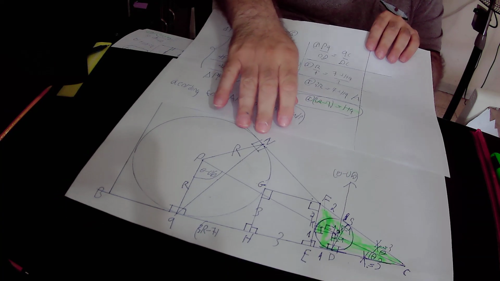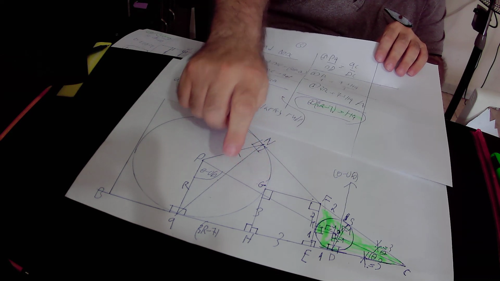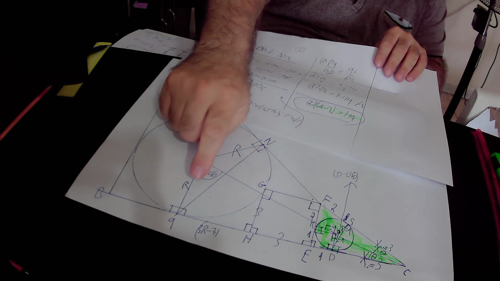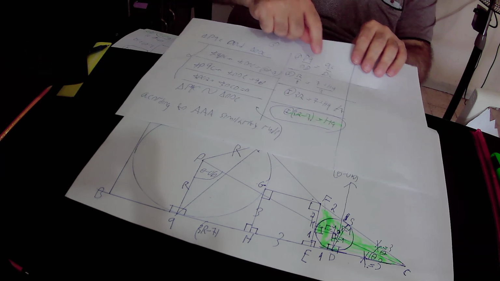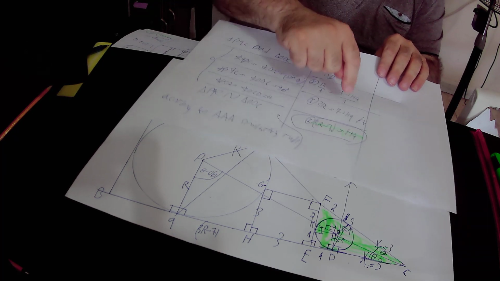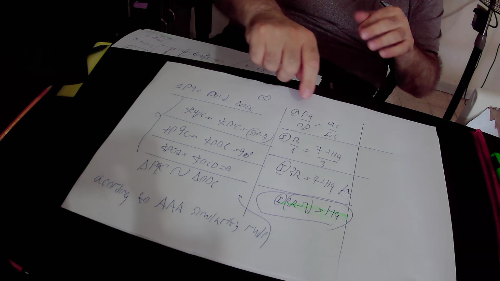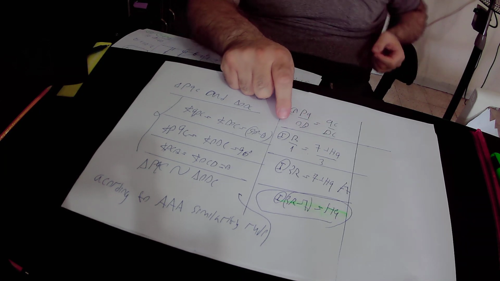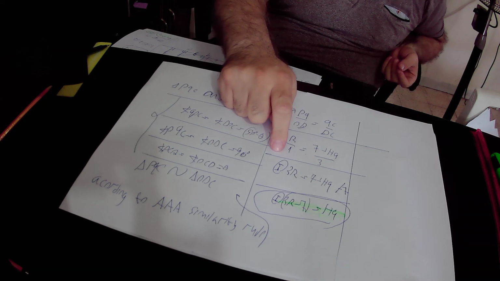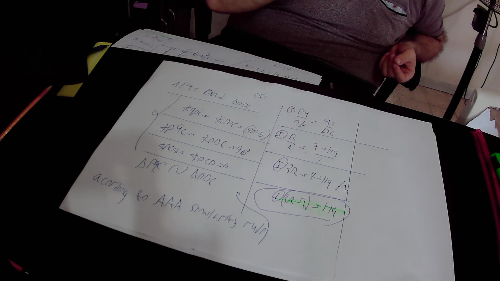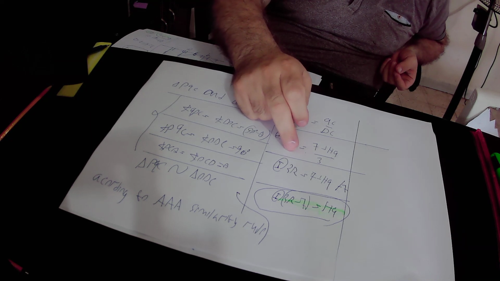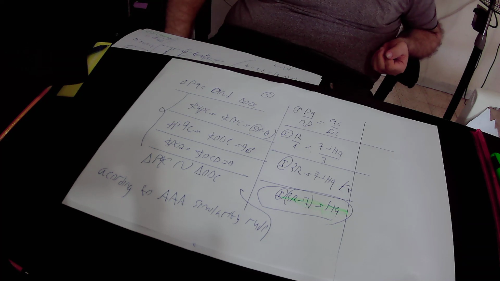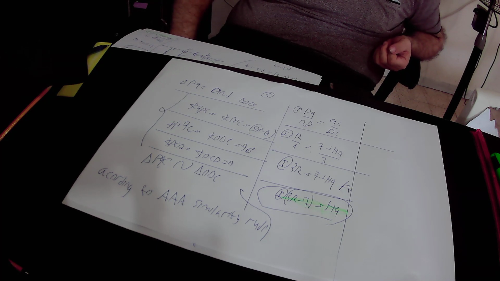QC equals 3 plus 3 plus 1, that is 7 plus HQ, and DC equals 3. So according to equation number 1, we found out that R equals 7 plus HQ over 3. We multiplied this equation by 3 and found out that 3R equals 7 plus HQ. We subtracted 7 from this equation and found out that HQ equals 3R minus 7. So according to equation number 1, HQ equals 3R minus 7.